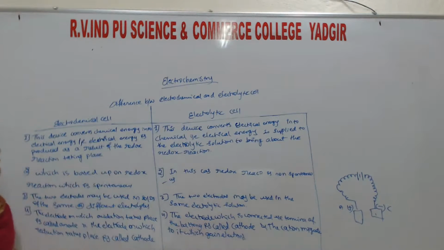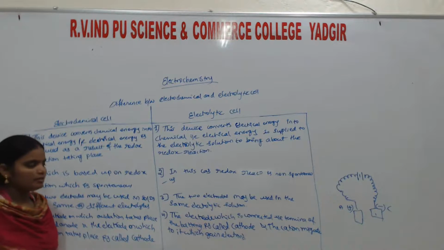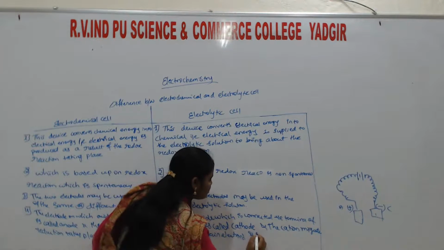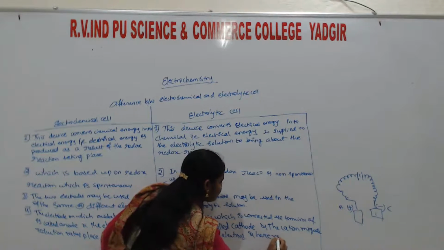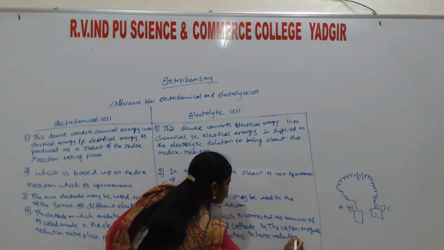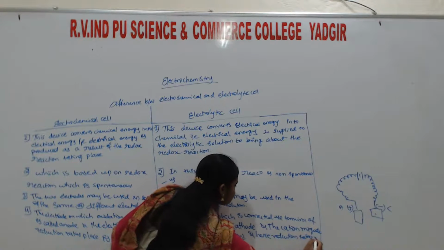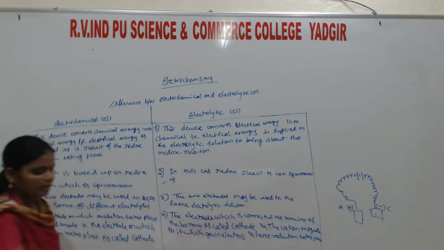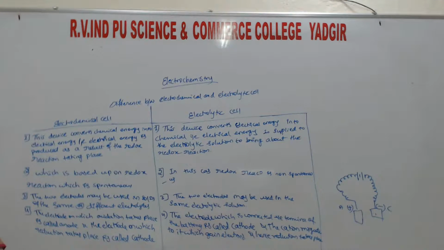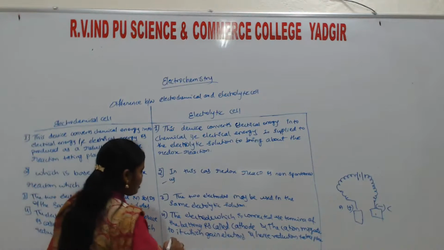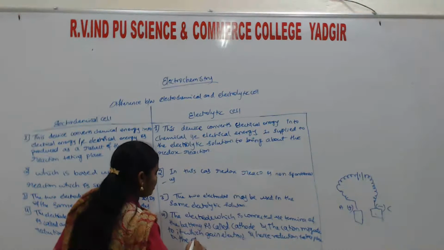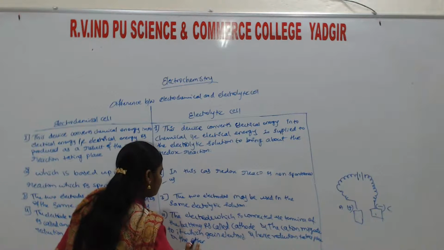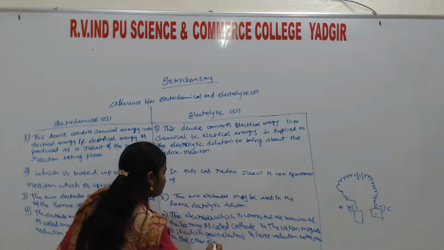The gaining of electrons is called reduction, and hence reduction takes place there. The other electrode is called the anode.